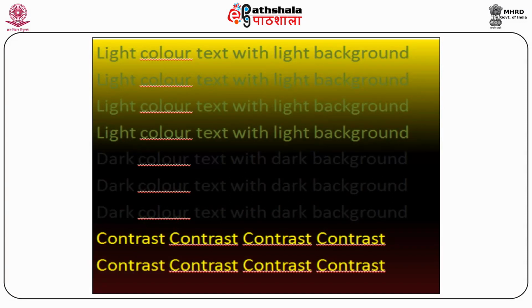Light background, light color text is not clearly visible. Similarly, in the middle of the picture, we can see a dark color used for the dark background. Again, visibility issues are there. But if we look at the bottom of the picture, a dark color is used for the background and a light color is used for the words. So visibility improves a lot.